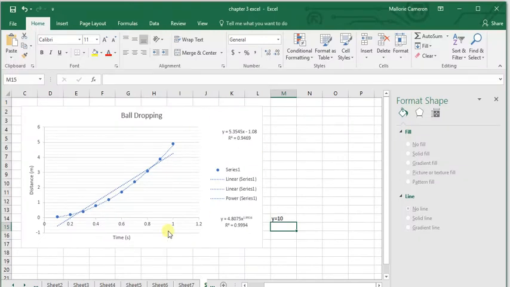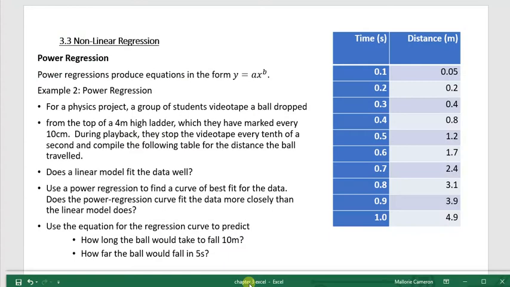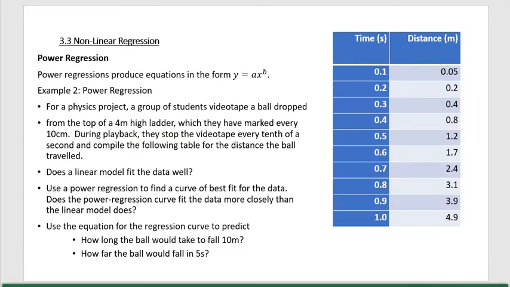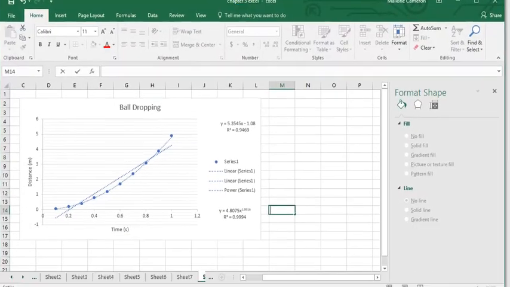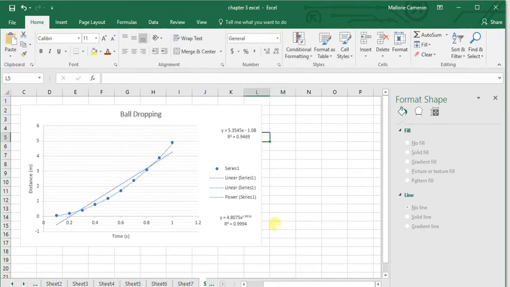Now, let's take a look at the last question. It asks us to predict how far the ball would travel in 5 seconds. That one is the easy one. y equals 4.8075, put that multiplication symbol in, and we said 5, correct?